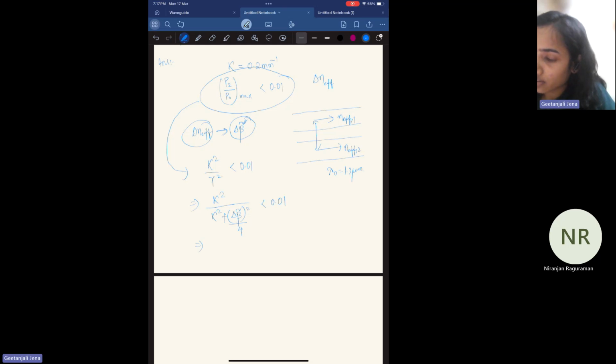Kappa is given as 0.2 per mm. So this will be 0.2 square over 0.2 square plus delta beta tilde square by 4, which should be less than 0.01.